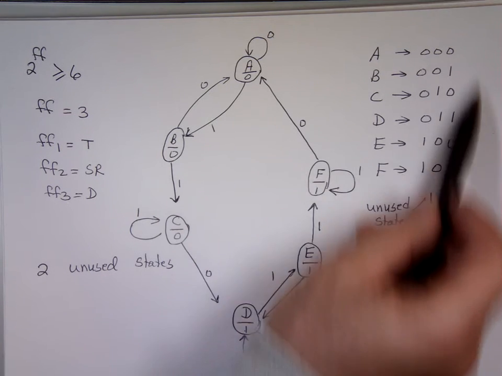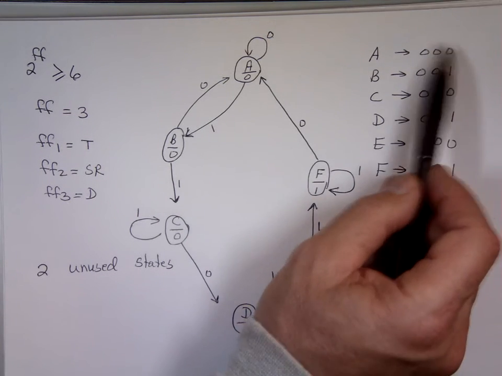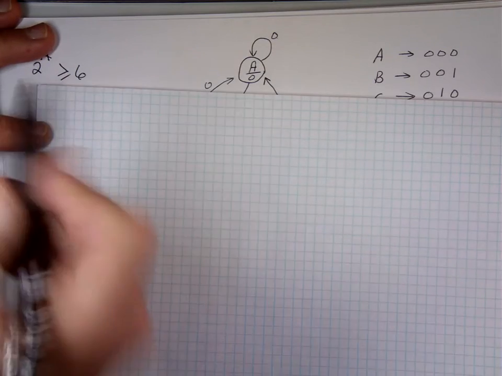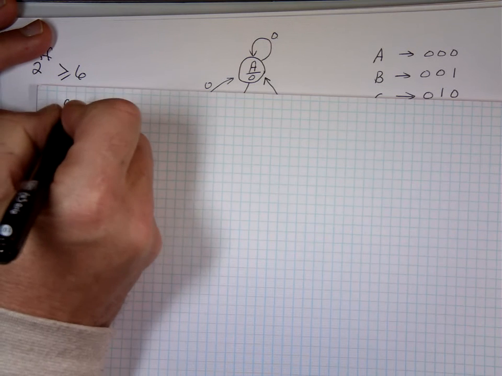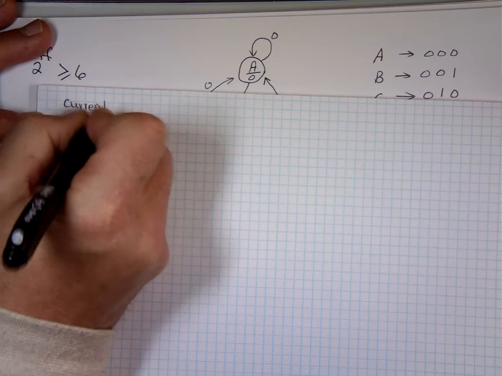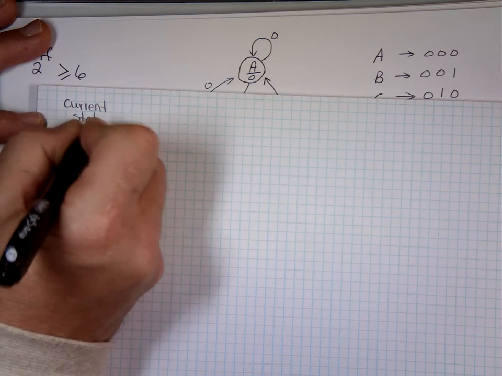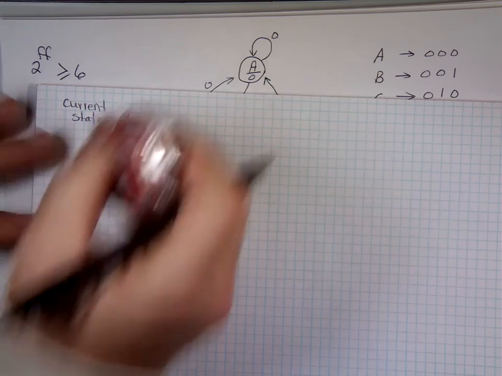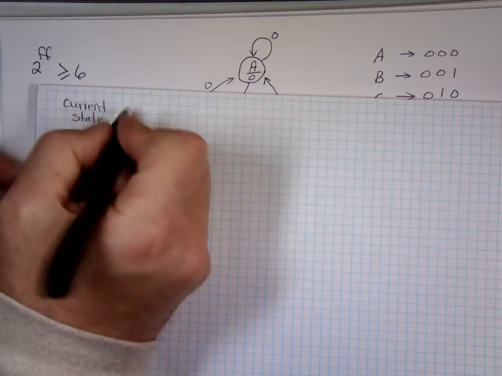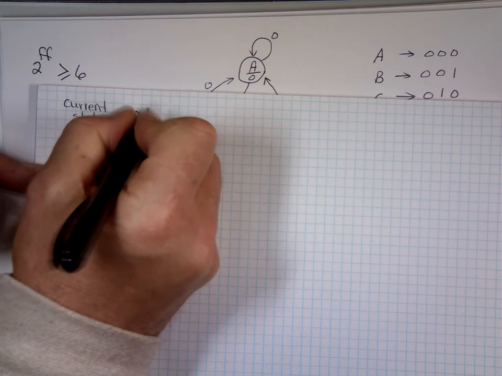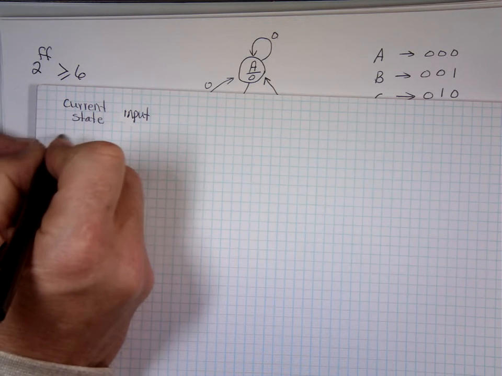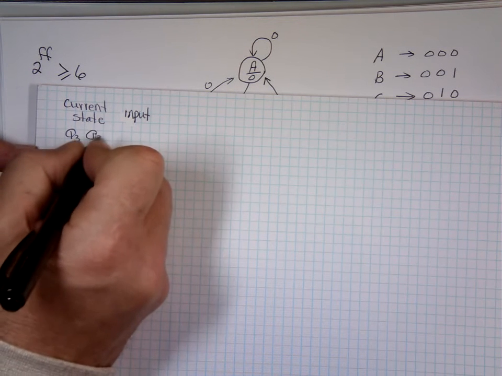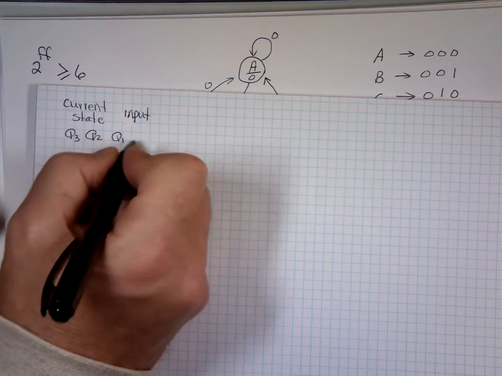And the current states, there's 3 of them: Q1, Q2, Q3. So my inputs here are the current state and X. There's no space here, I'll do it this way. The inputs: we have Q3, Q2, Q1, and X.